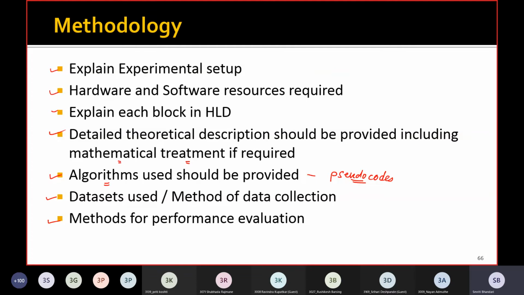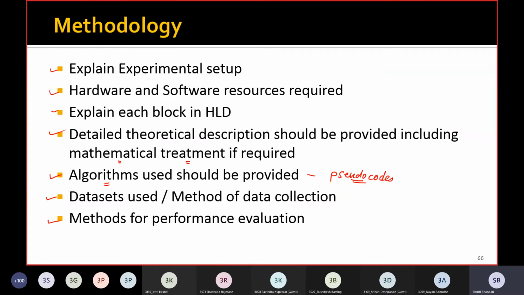Typically, the UML diagrams and others need to be provided in projects wherein you are solving some problem and providing some software solution. Maybe you are coming up with a project that deals with an application like a mobile application, a web application, or a database application, a web application which includes some database at the back end.